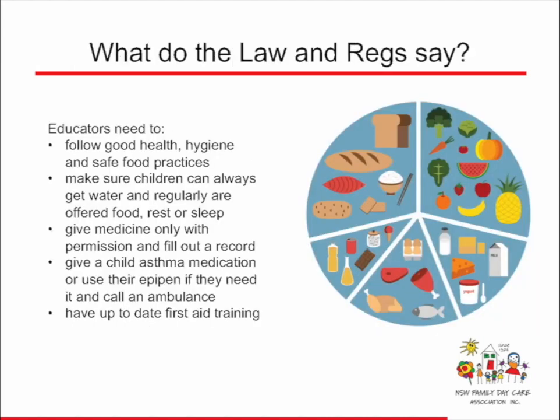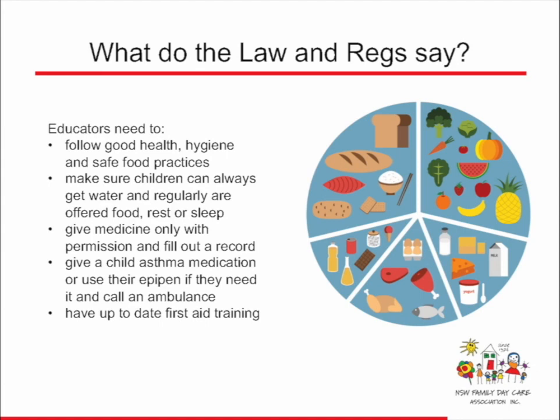So what do the laws and regulations say about staying healthy? The laws about children's health fall on the educators. You have to follow good health, hygiene and safe food practices as stated in Regulation 77. You need to make sure children can always have access to a drink of water and are offered food and drinks regularly as stated in Regulation 78.